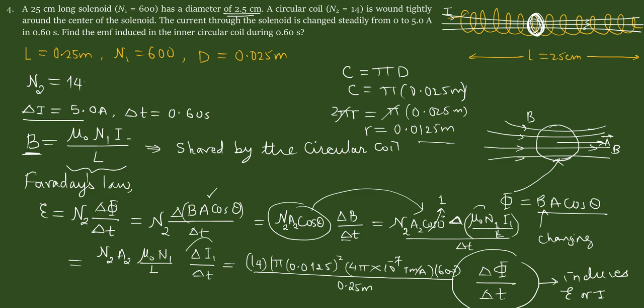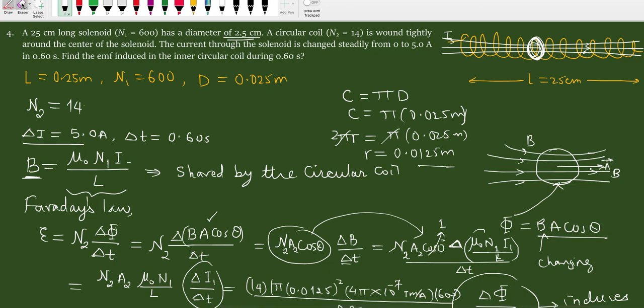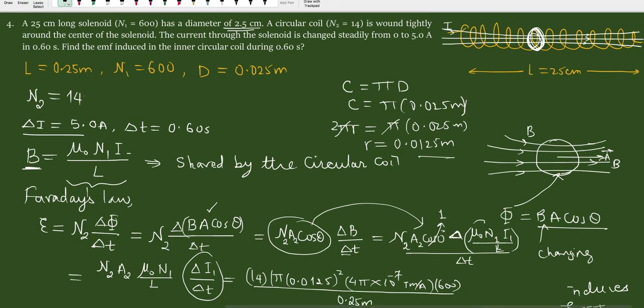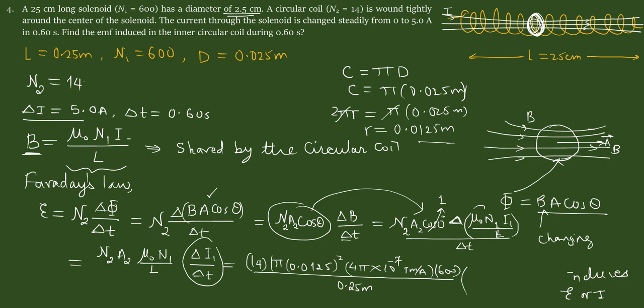And then we have delta I over delta T. Okay, so delta I is 5 amperes and delta T is 0.60 second.